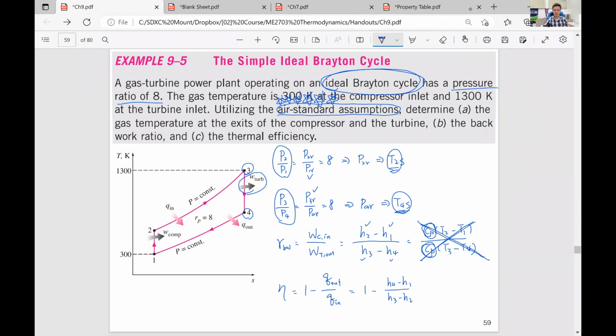So this is an isentropic turbine. 3 is the turbine inlet, 4 is the turbine outlet. So again, for isentropic efficiency, we don't change the inlet condition. We just change the outlet condition. So that's why this is 2S, this is 4S, because 2 is the outlet of the compressor, 4 is the outlet of the turbine.